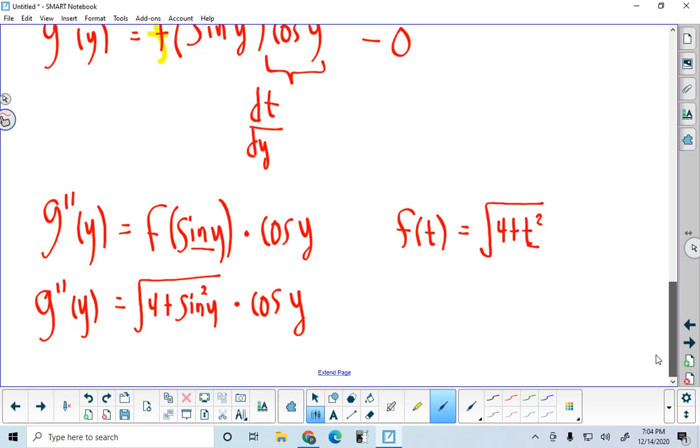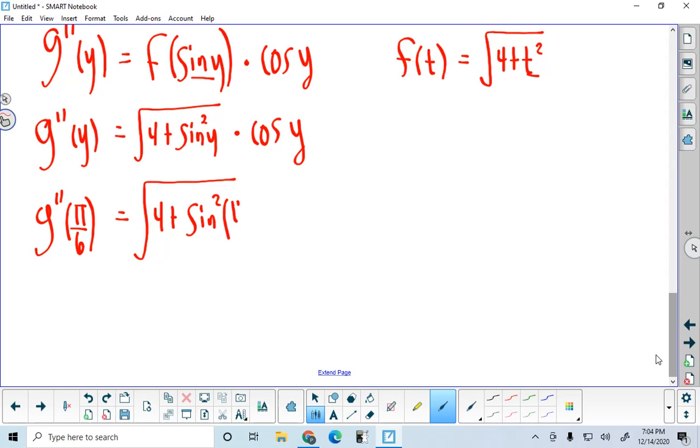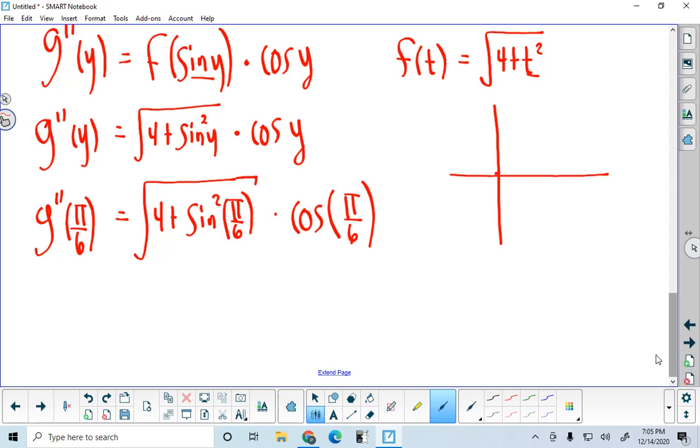And now we're almost done, because you want g double prime of y to be evaluated when y is pi over 6. So this will be the square root of 4 plus the sine squared of pi over 6 multiplied by the cosine of pi over 6. So I don't know, if you're a unit circle kind of girl, pi over 6 is here.